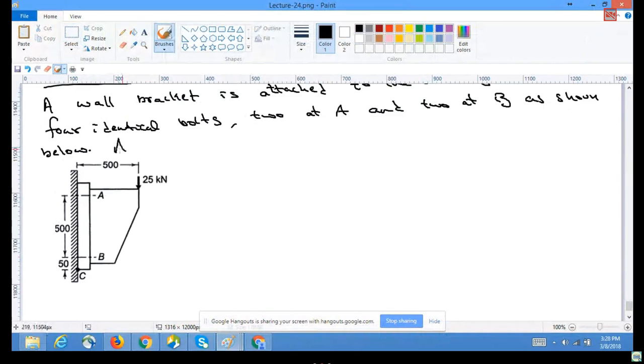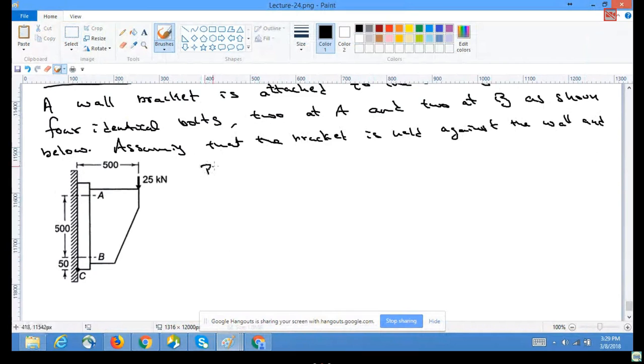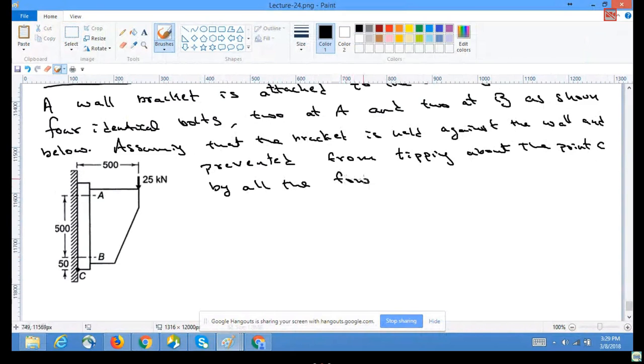Assuming that the bracket is held against the wall and prevented from tipping about the point C by all the 4 bolts.